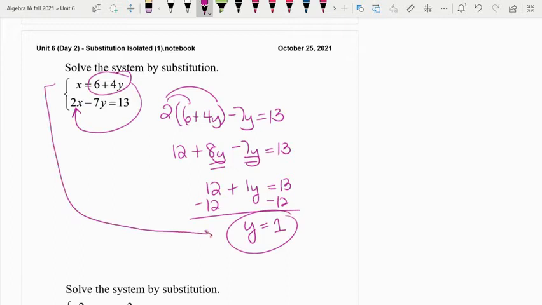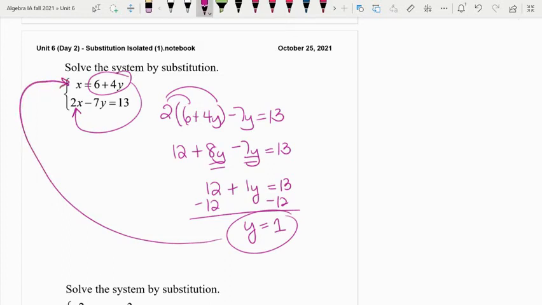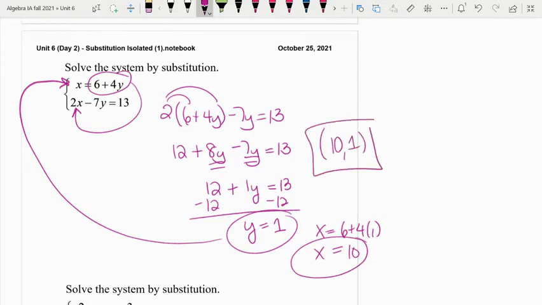Substitute this back into what x equals. So I'm going to substitute it back into the top one here. So I'm going to say x equals 6 plus 4 times 1. So x equals 6 plus 4, or 10. So right now my solution, it looks like, is 10 comma 1, but let's do a check on that.